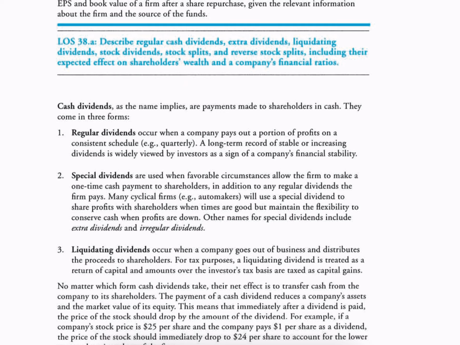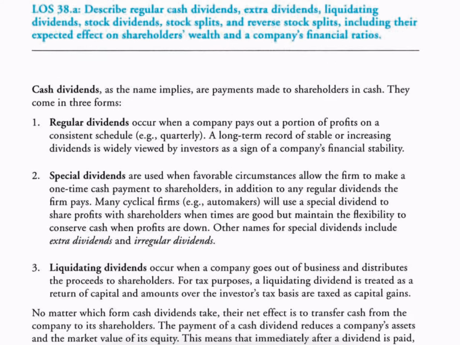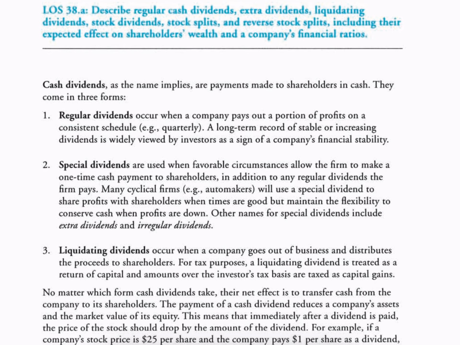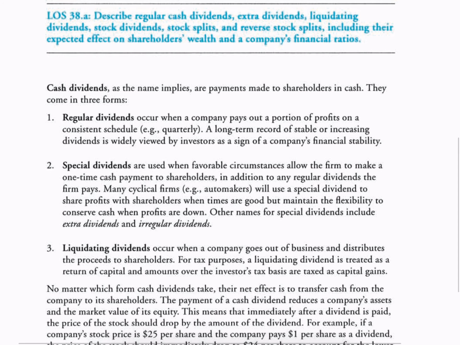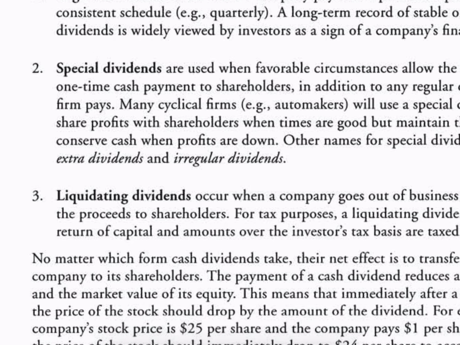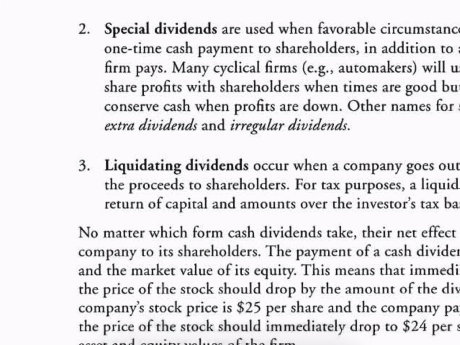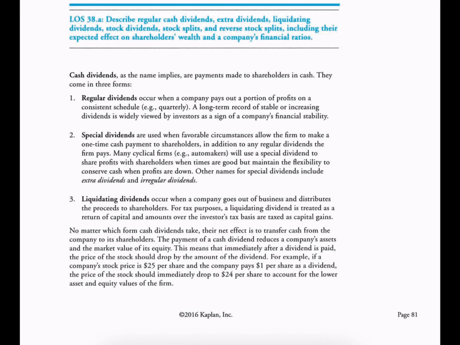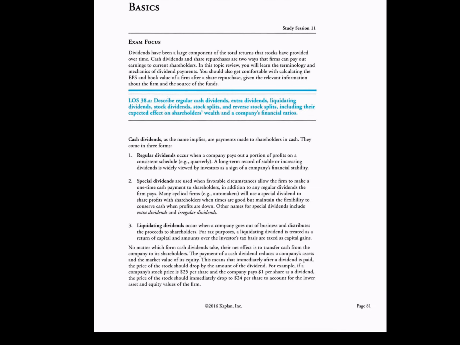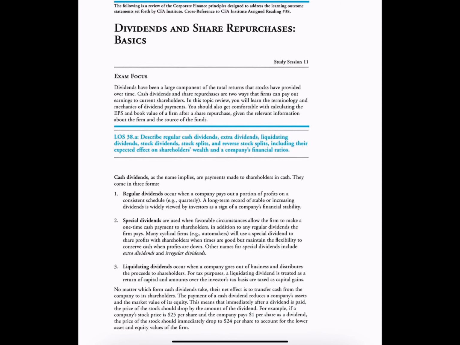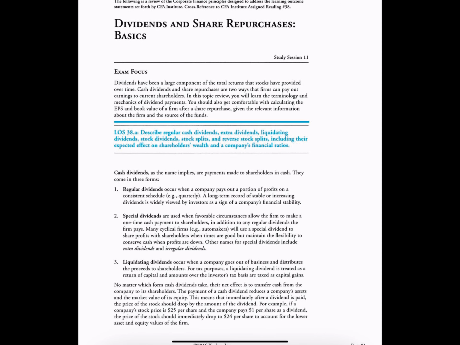Special dividends are extra dividends for unusual income, maybe seasonal income. And liquidating dividends are the last payments to shareholders when the company will be bankrupt. This is the starting point of this chapter, dividends and share repurchase basics.